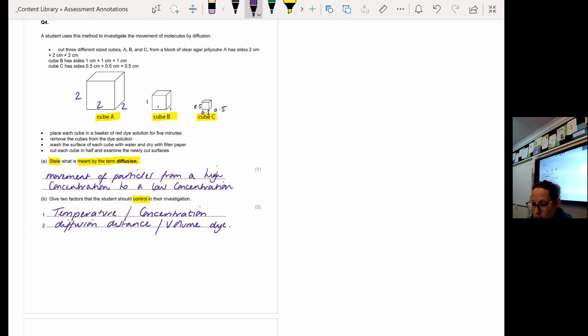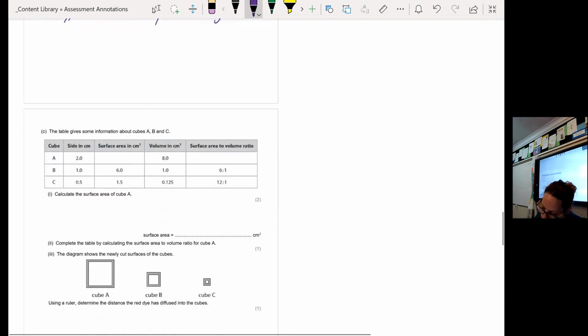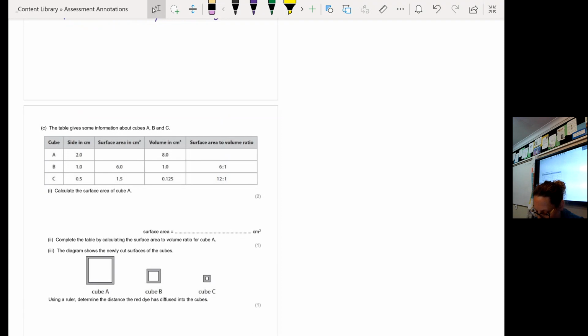Now, all of those things are going to affect the rate of diffusion, but it's not what we are actually investigating. Here we're investigating the surface area to volume ratio and how that affects the rate of diffusion. But the other things that could affect it are things we need to control. So then it asks you to do a bit of maths.